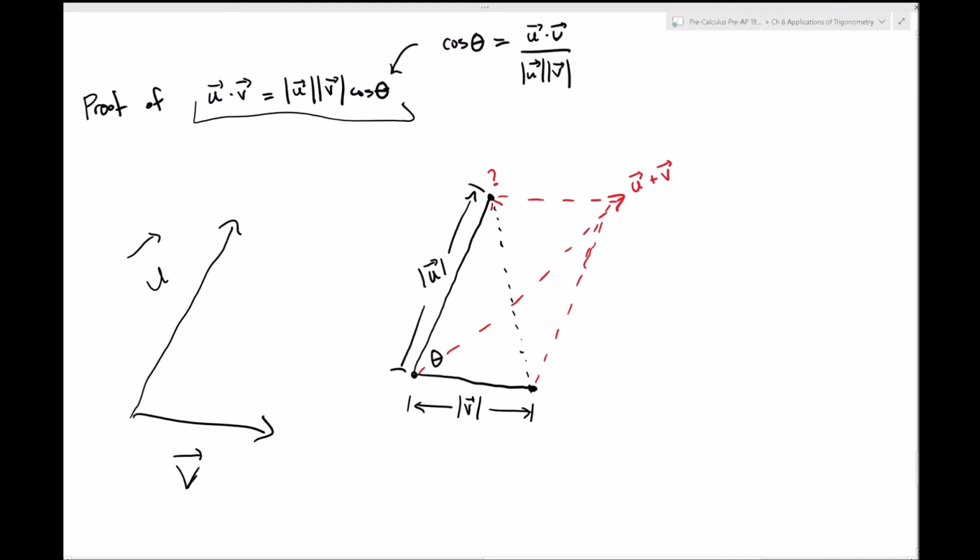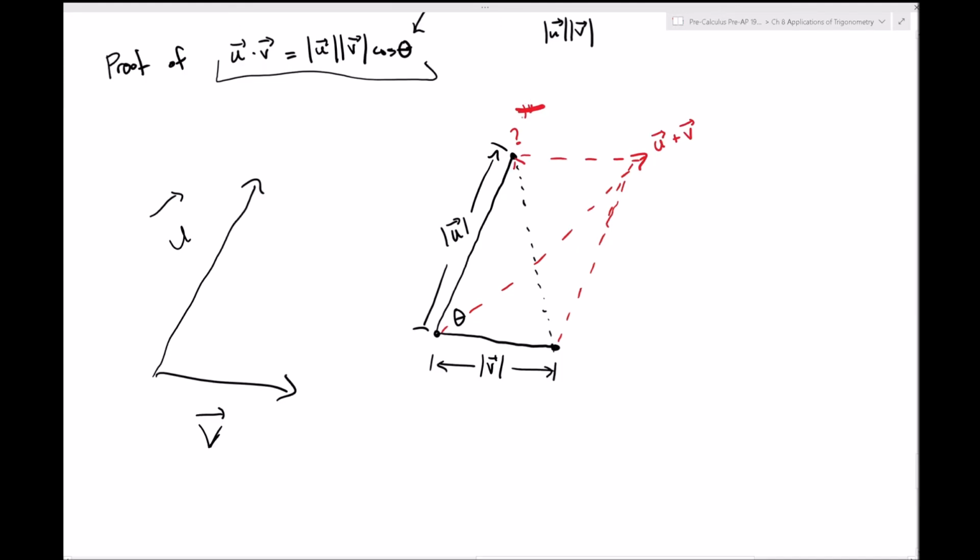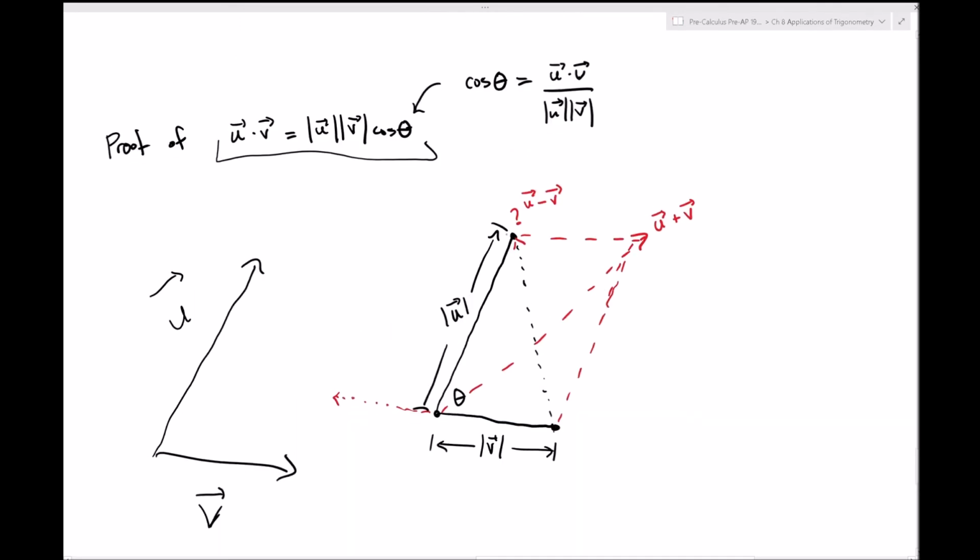You would need to have understood the geometry between vectors a little bit better to figure that out. This one's U minus V. Here's the way that you do that. You start with U, you draw the negative, or the equilibriant, of V, which is this way, and then you draw that over here at the terminal of U. That's going to give you this diagonal, which is precisely the one that we want.